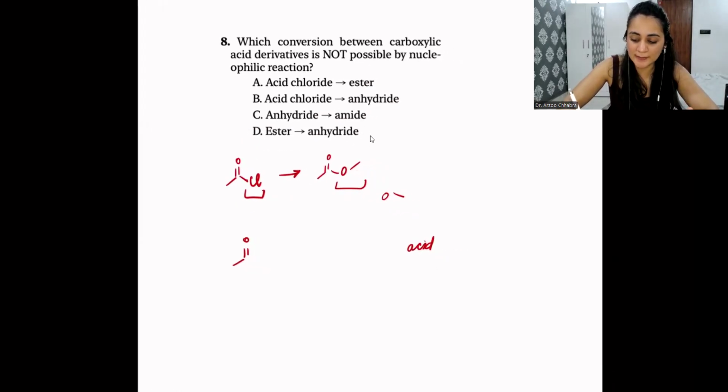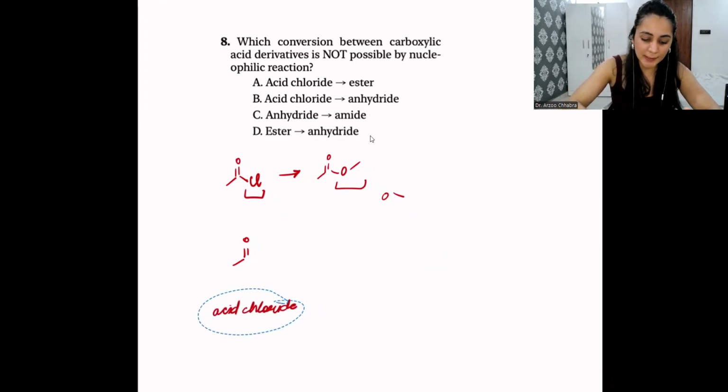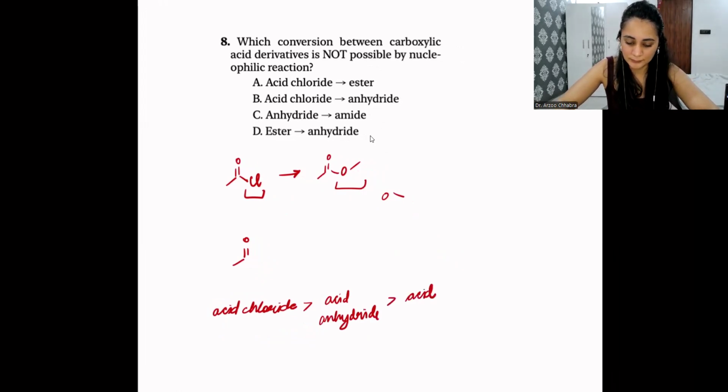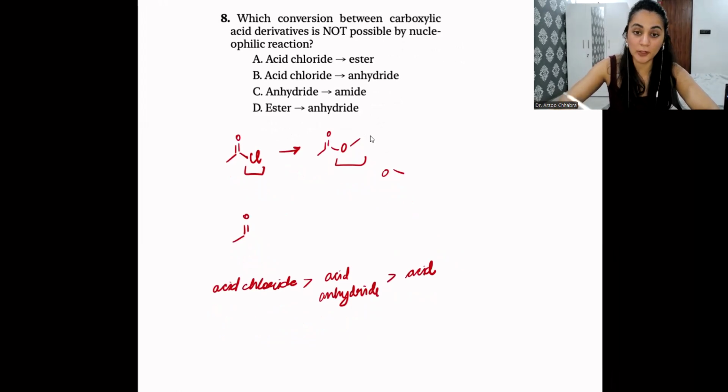The order is acid chloride is the most reactive, followed by acid anhydride, followed by an ester.